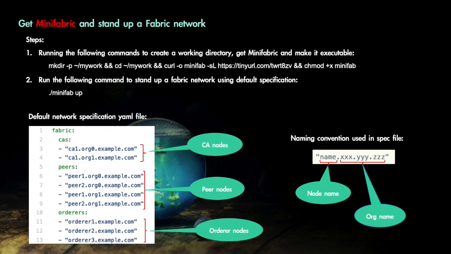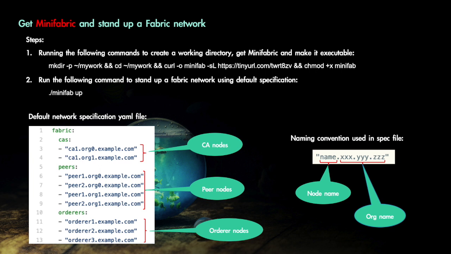To get started quickly, you can follow these 2 steps. Simply copy and paste each command on the screen. The first step is to get the Minifabric and create a working directory. The second step is to stand up a Fabric network. Create channel, join the peers to the channel, install, approve, and commit chain code.